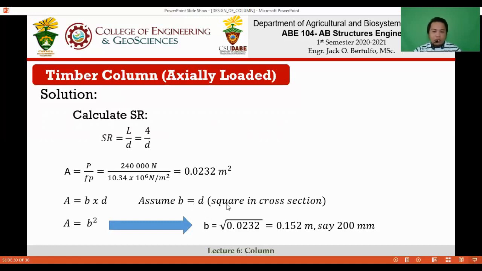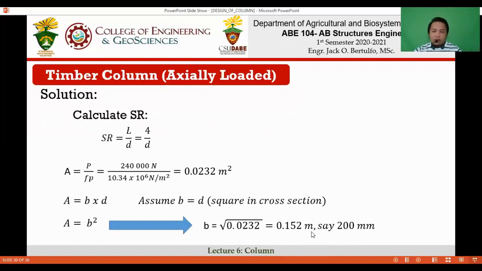So therefore, if our column is a square cross-section, B is just equal to D. Then the area can be calculated by B times D. But if they are equal, we can modify the formula to A equals B squared. Then using this value for area, we can calculate that B is just equal to 0.152 meter.